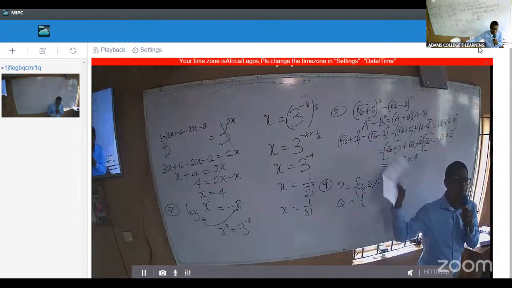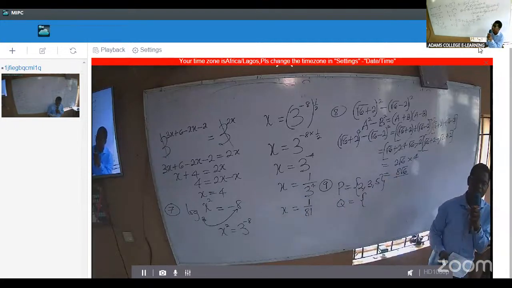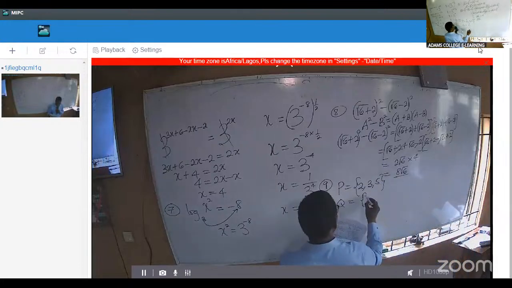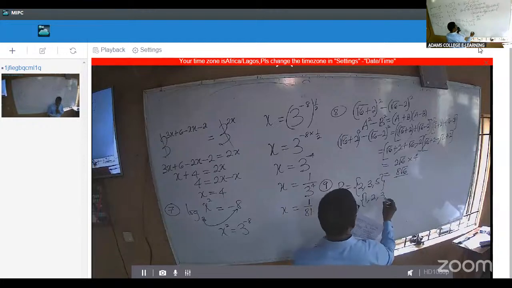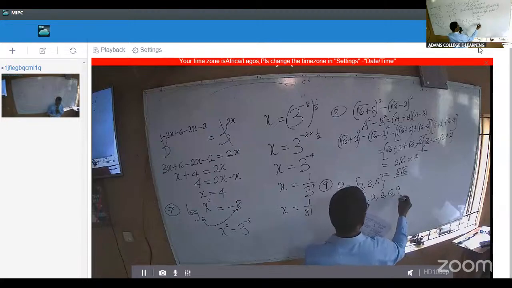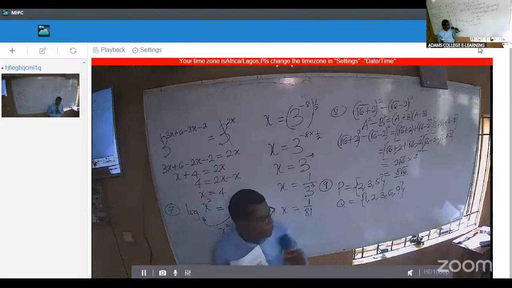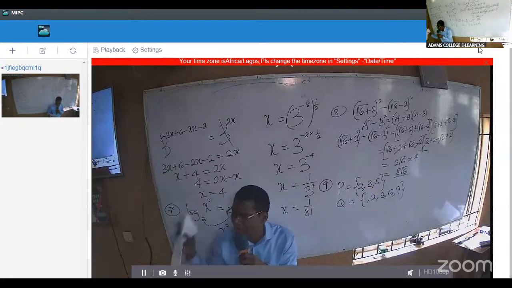Factors of 18: all the numbers that can go in 18 without leaving any remainder. So we're going to have 1. Can 2 go in 18? Can 3 go in 18? Can 6 go in 18? Can 9 go in 18? Less than 10. So why did you put 1 here? Because they didn't mention prime factor. Once you have prime like this, you cannot put 1.